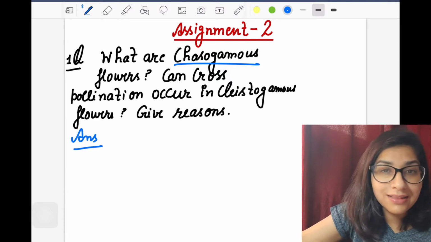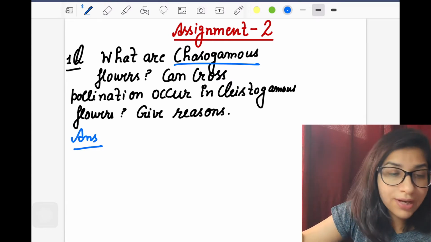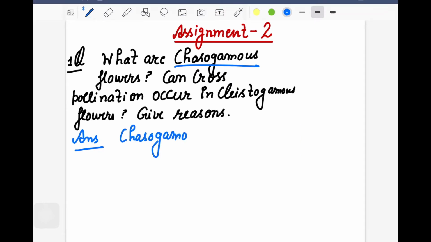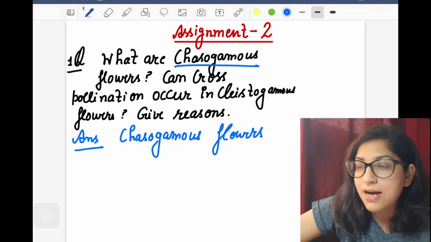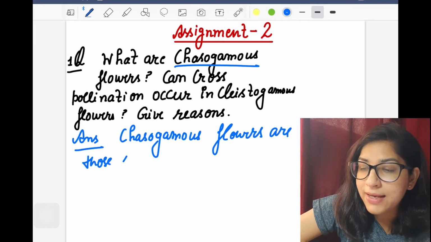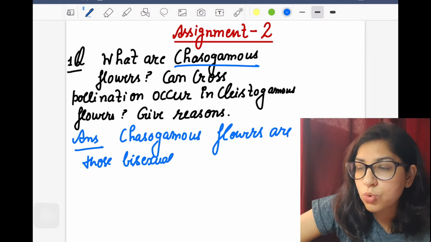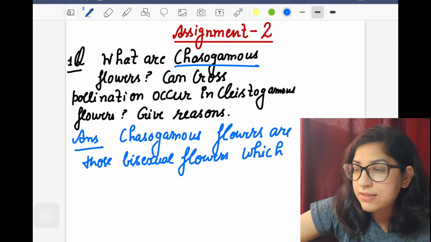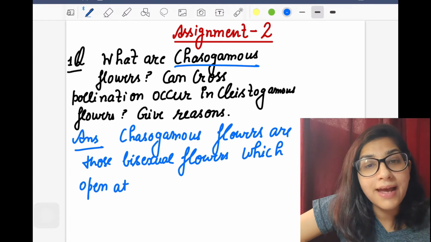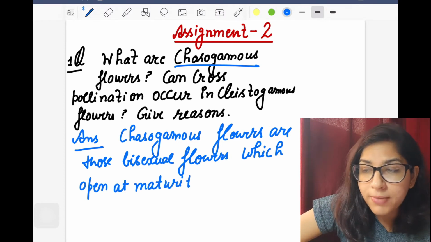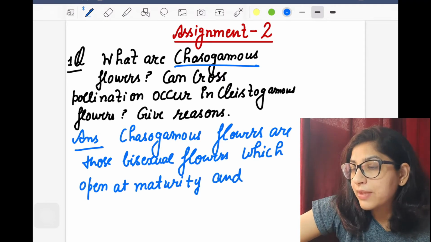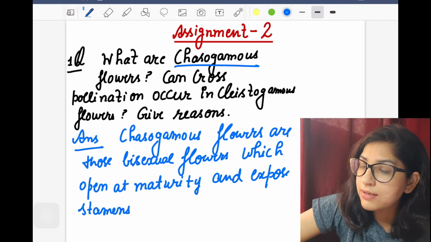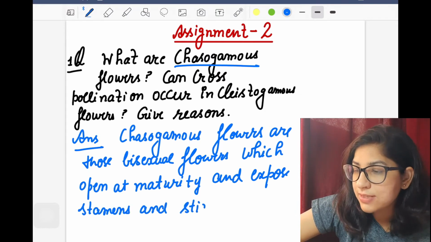So what is asked in the question is: what are Chasmogamous flowers? Are they bisexual flowers or unisexual? Chasmogamous flowers are those bisexual flowers which open at maturity, and the moment they open they expose their stamens and stigma, right?